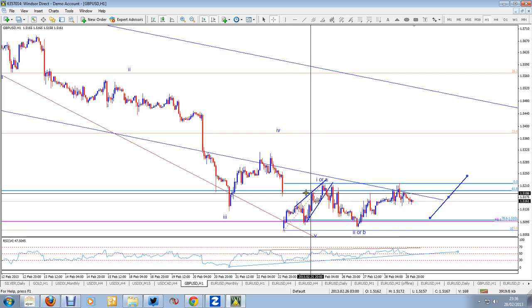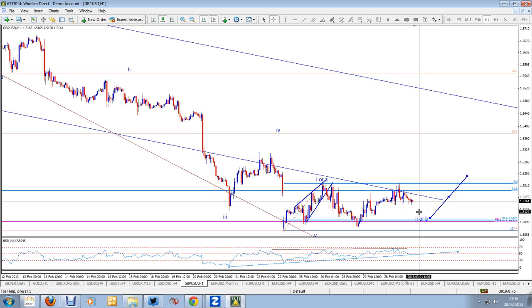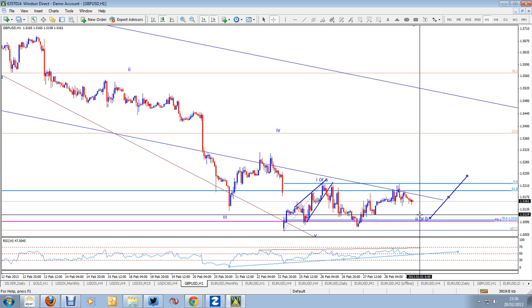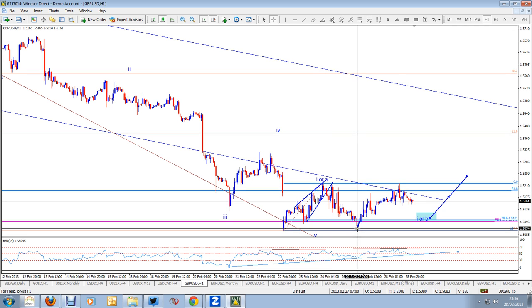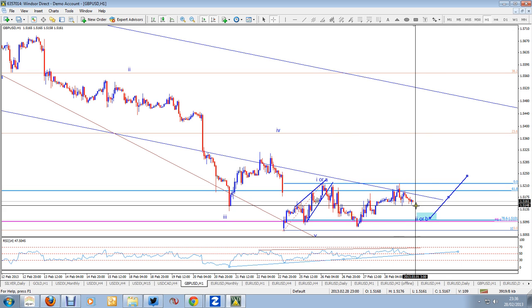Okay, so we're in a flat. So we've got wave A, and then wave B is going to be over here, flat. If you're looking to go long using the pound dollar, then we should be looking to get long somewhere in the region of 151 to 152 area, because after having had 5 waves up, we've got wave A, wave B, and we should be getting wave C down.